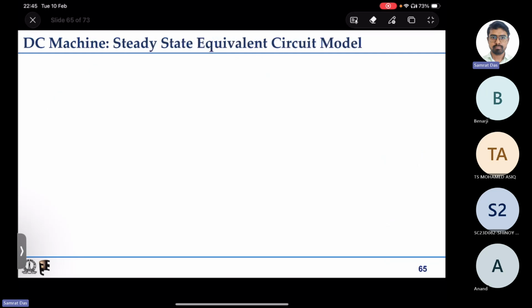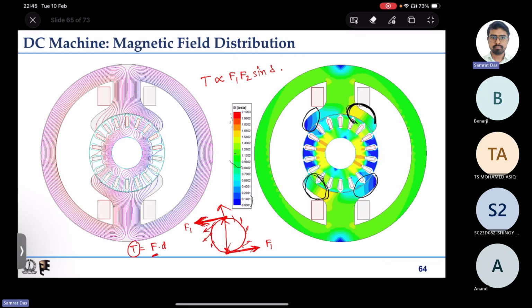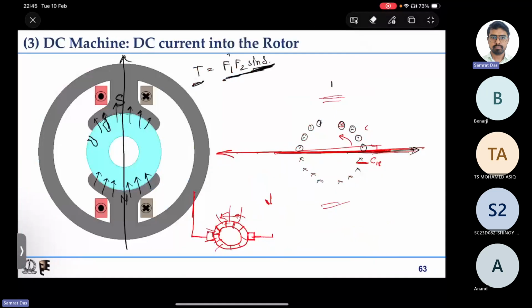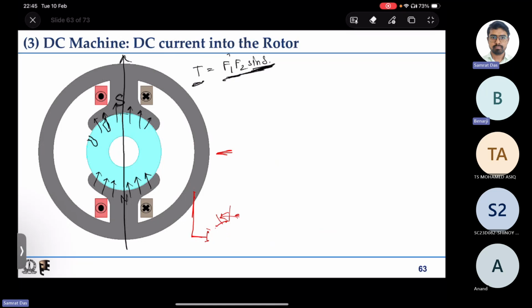So I'll erase some things here. I'm going to speak from, say, what is there in a machine. There are two electrical circuits, right?